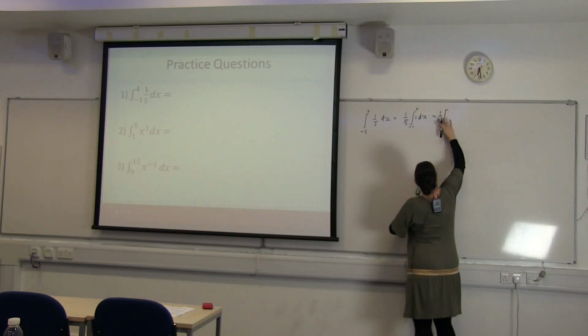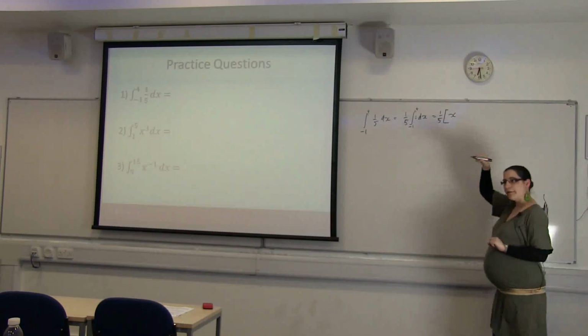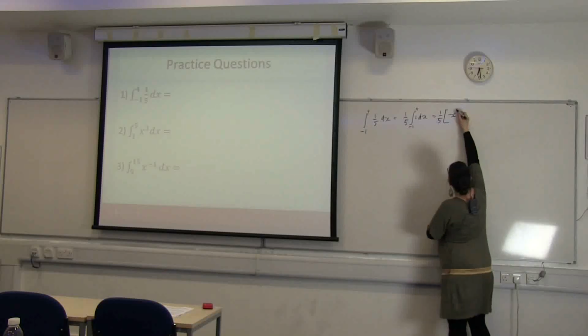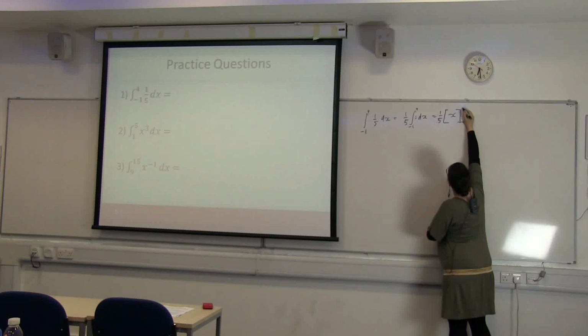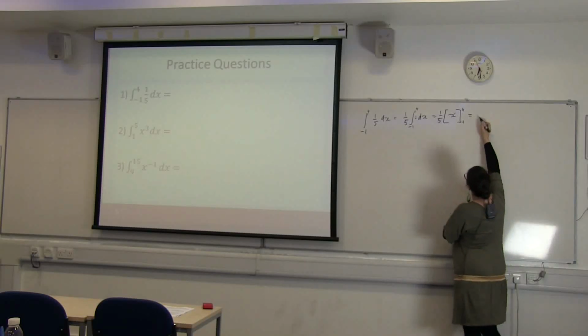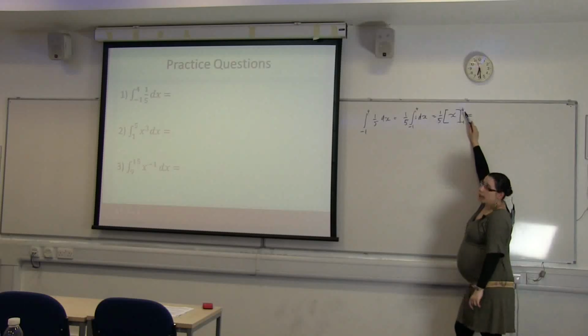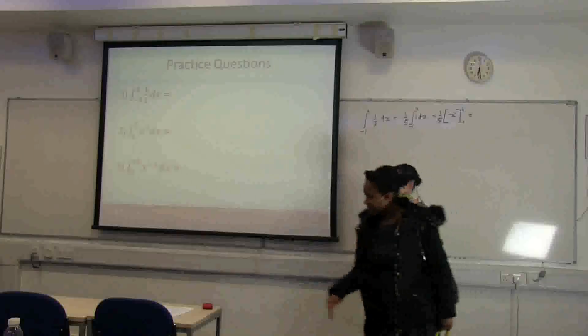You've got these square brackets. You write the function, remember this is now capital F of x in here, and then you write down the limits, minus 1 and 4 into here. And the last step in the calculation, now you substitute back 4 and negative 1 into the place of x.